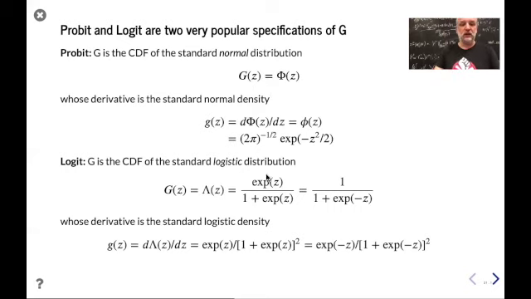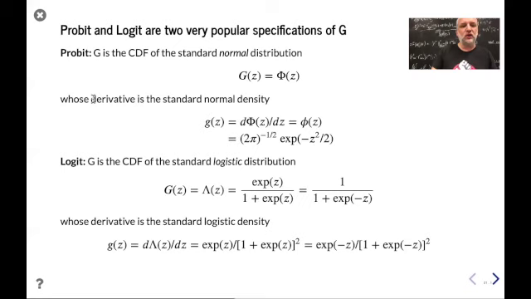In the logit model, we would have the standard logistic distribution. I'm sure you know all about the normal distribution, and maybe some of you also know about the logistic distribution. But I'm going to show you the difference in just a minute. They're actually quite similar in terms of the shape.